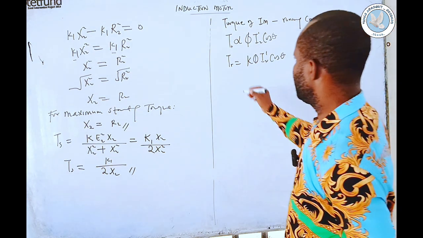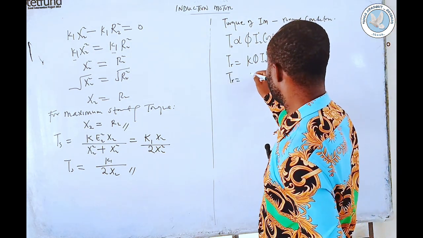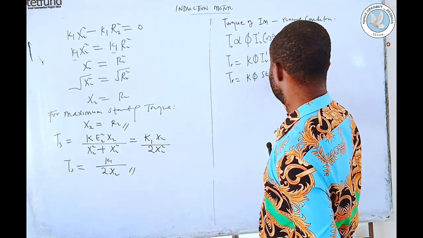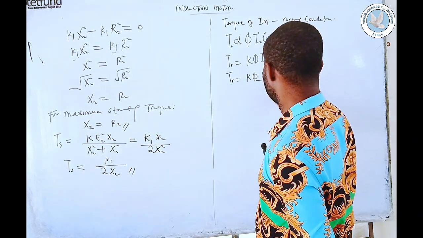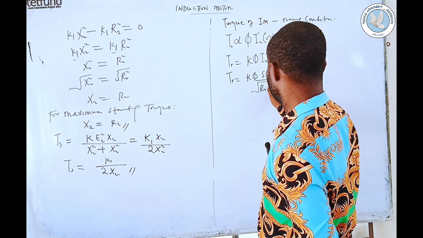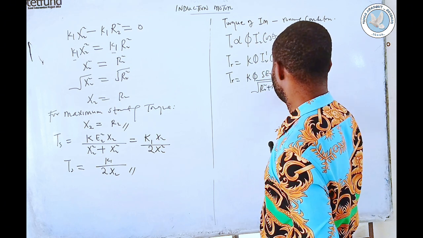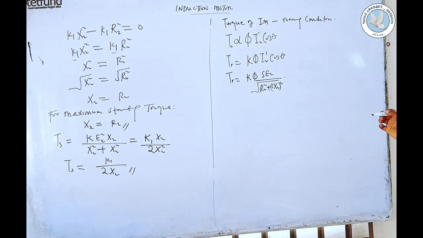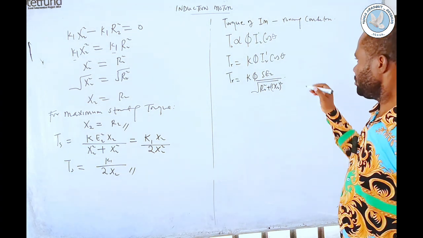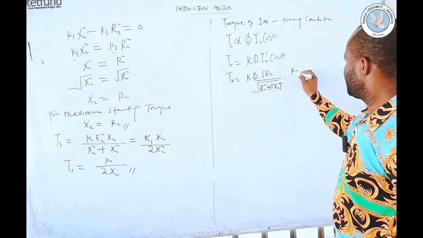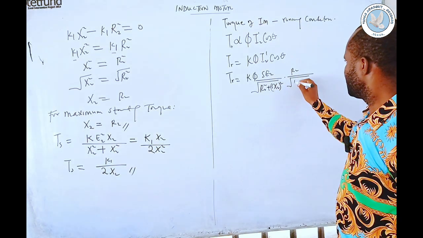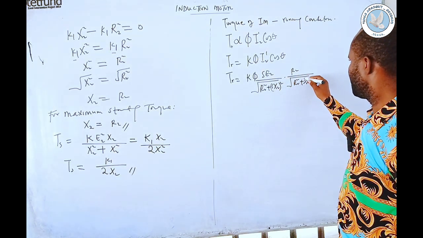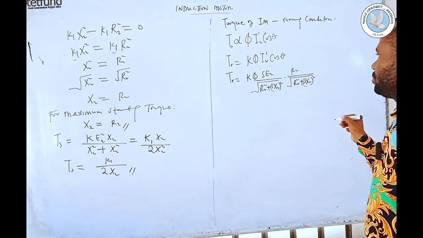So we can actually replace the current with S, that is for running condition, plus this, as for running condition. We also have this, that is for power factor.